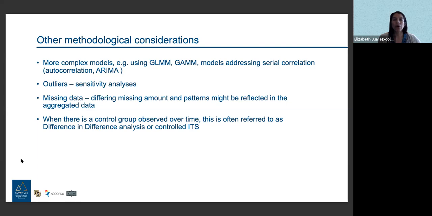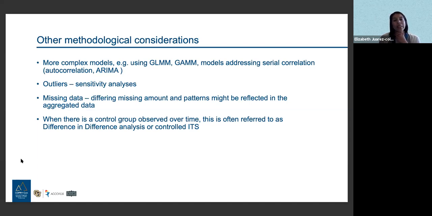One is that much more complex modeling may be used, for example, generalized linear mixed models or generalized additive mixed models, which are essentially smooth models that also allow for different or complex structures of correlation. And as we mentioned before, with aggregate data, models that address serial correlation, like autocorrelation or ARIMA models.